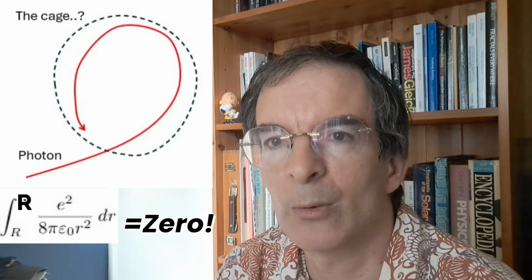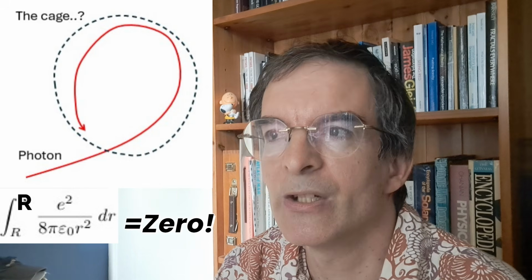There would be no energy contained in the field, because as far as the electron, or the photon, if you like, is concerned, there is no outside that radius. So the only energy carried by the electron will be contained in the photon itself as it goes around, because of its wavelength and that kind of thing.